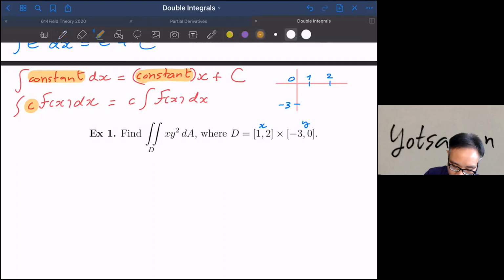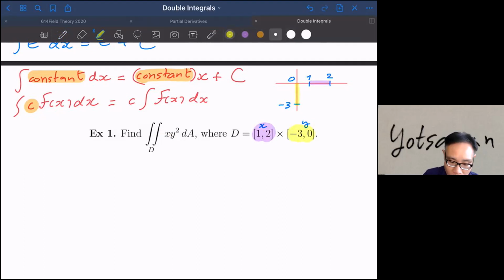So you have x between 1 and 2, and it becomes this part, and you have y between negative 3 and 0, so it's going to be this color.